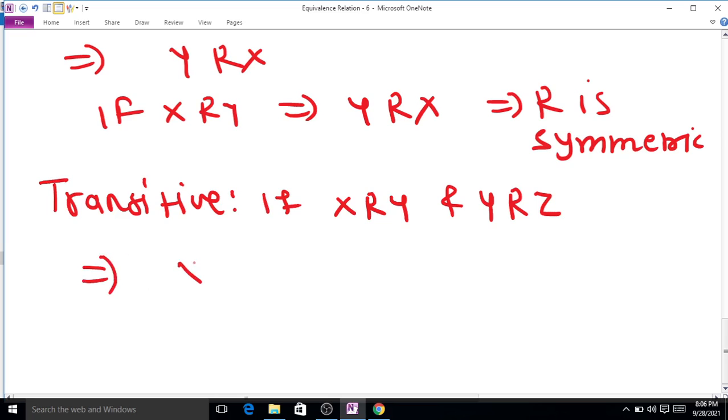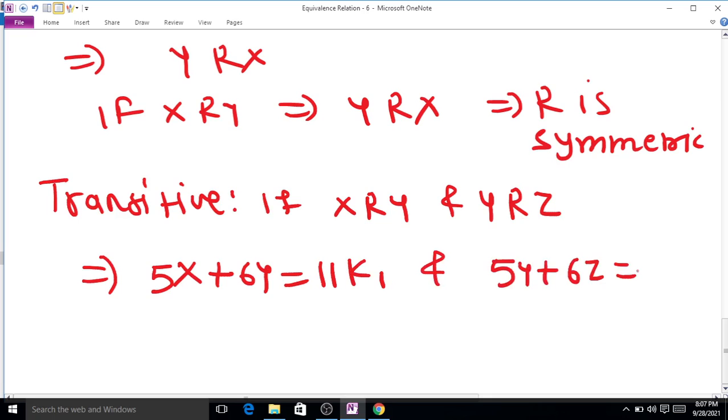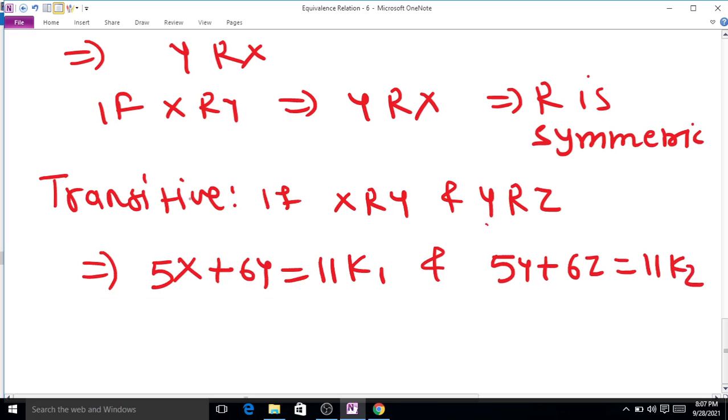This implies 5x plus 6y is divisible by 11, that is, it is a multiple of 11, equal to 11k1, and 5y plus 6z is equal to 11k2, since this number 5y plus 6z is also divisible by 11. To show that x is related to z, we want to show that 5x plus 6z is divisible by 11.